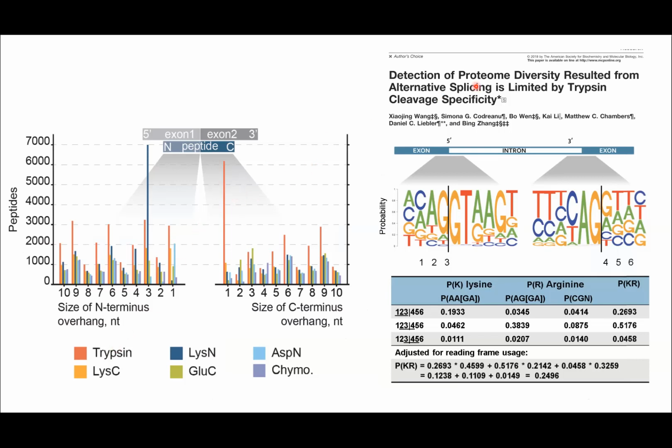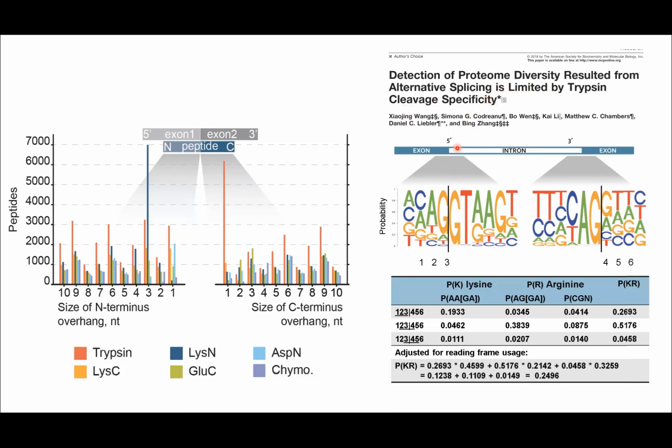And that's very interesting and neat to see, because it turns out that these junction regions are enriched for nucleotides that code for lysine and arginine. And this has been noted in a recent publication, that if you want to look at alternative splicing on a large scale, it's limited by trypsin cleavage specificity.